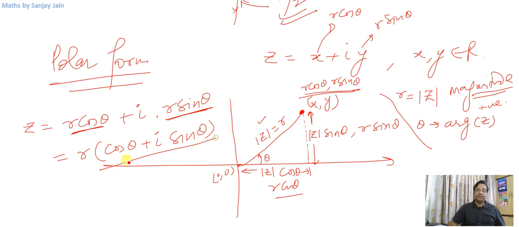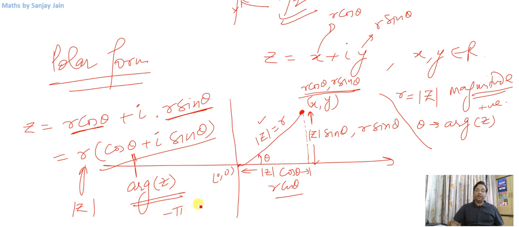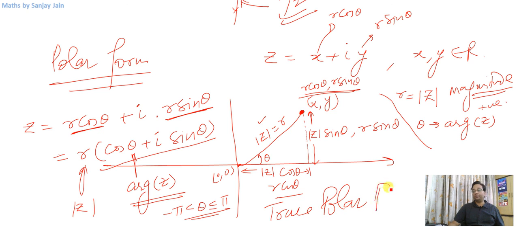That is how I write it in polar form, where r is the magnitude of that complex number and theta is the argument of the complex number. When I take theta between minus pi to pi, this form is known as true polar form. So if I take the principal value of argument, this will be true polar form.